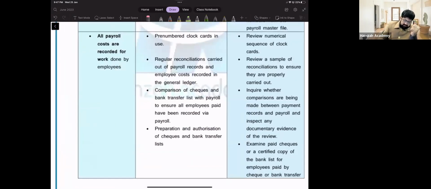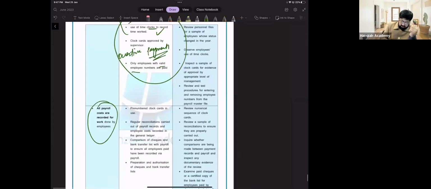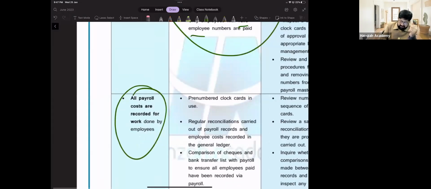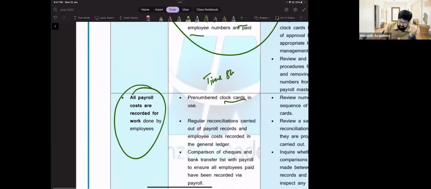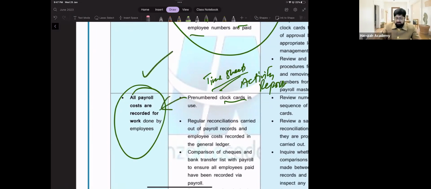Yes, all payroll costs are recorded. So pre-numbered clock cards, pre-numbered time sheets, pre-numbered activity reports, whatever you can say it. Different company, different name, different documents, different way of recording. Purpose is this. Payroll records.